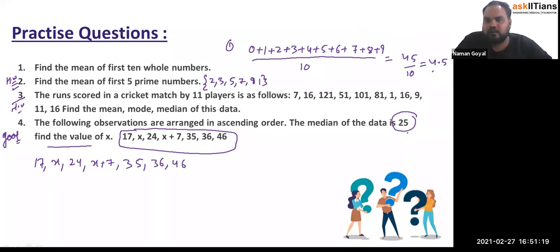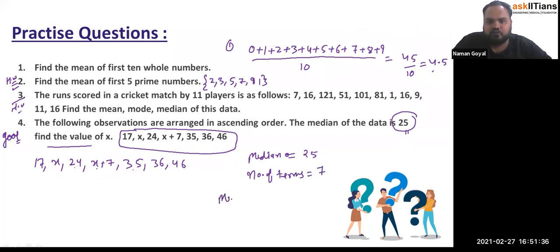Now the median is given. Median of this particular data is 25. Now number of terms is what? 1, 2, 3, 4, 5, 6, 7. Number of terms is 7.